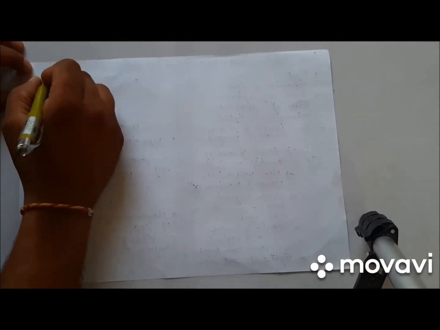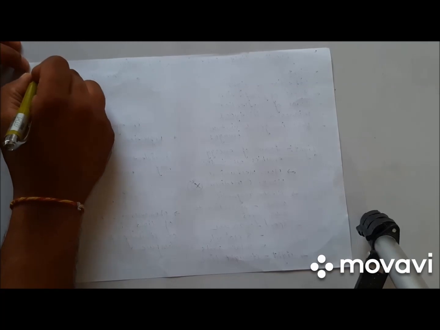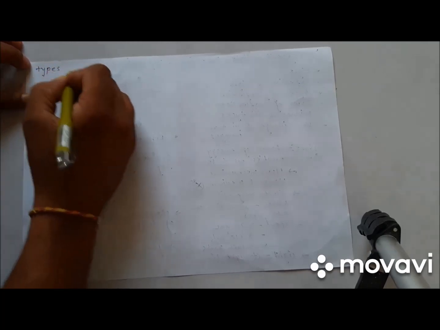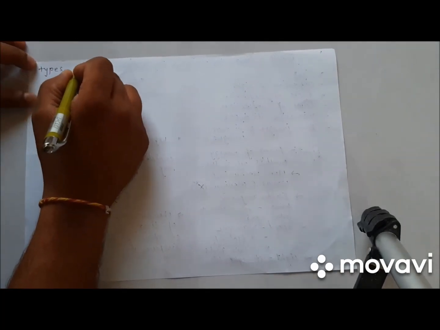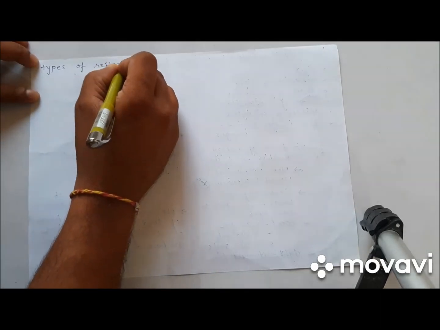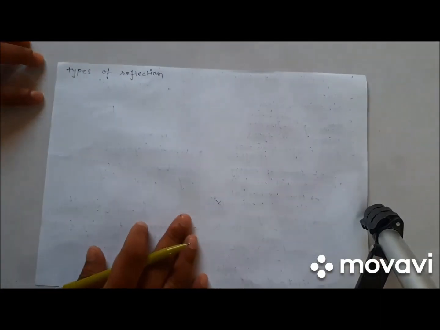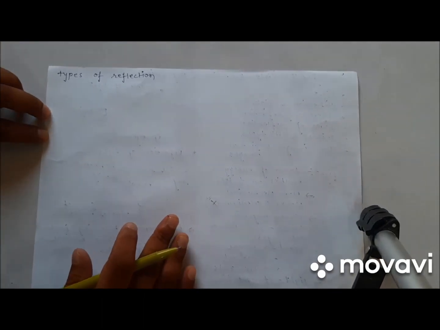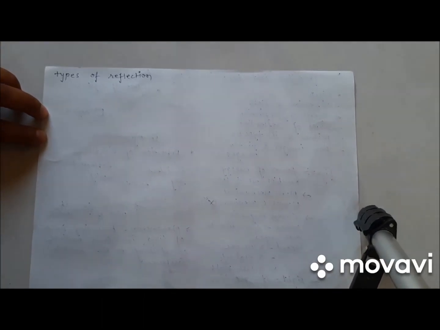Okay, so let's start another topic, that is types of reflection of light. Generally there are two types of reflection of light.